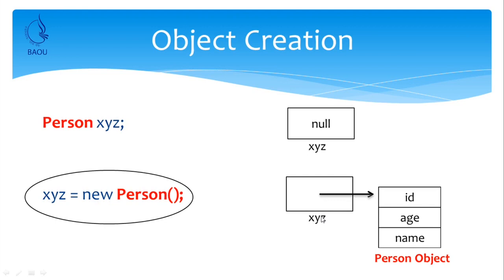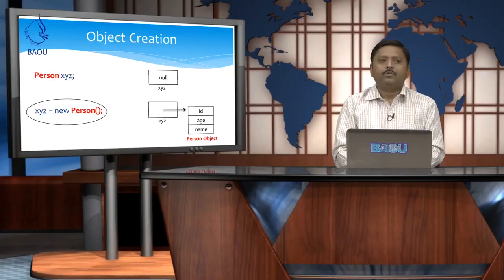Now, when I create person class object, it has 3 instance variables. So, it allocates memory for id, age and name depending on its type, and its address is stored inside xyz. So, you can access these members as xyz.id, xyz.age and xyz.name. So, this is how object is declared and created.